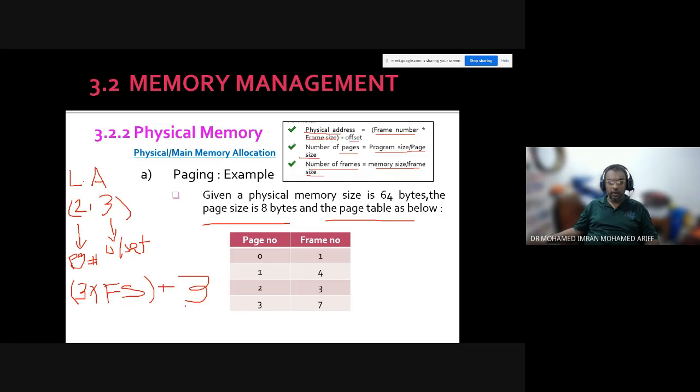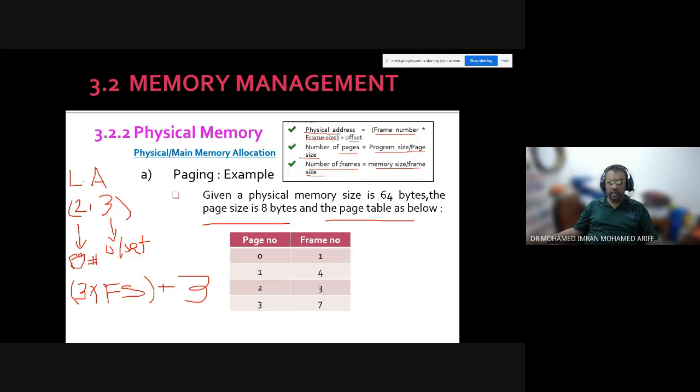Okay, so now if we remember, nak tahu frame size, kat sinilah jawapan dia. The number of pages bersamaan dengan program size divided by page size.